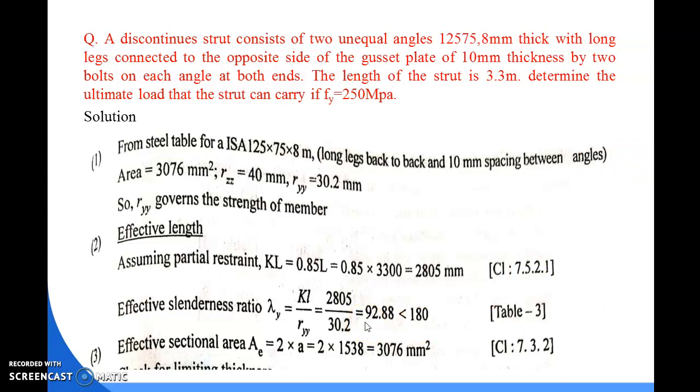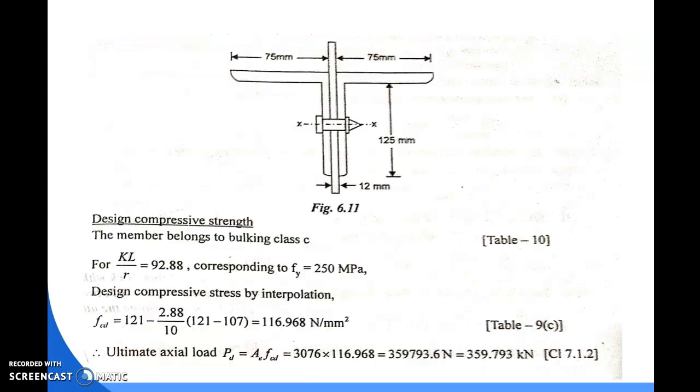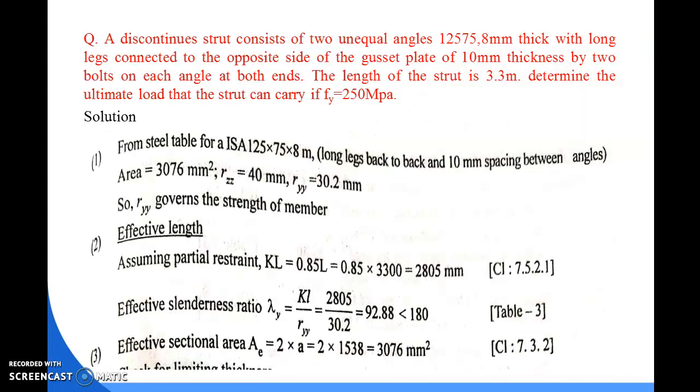So we can find out the FCD value from table number 9C. So in table number 9C, the slenderness ratio, that is 92.88, lies between 90 and 100.